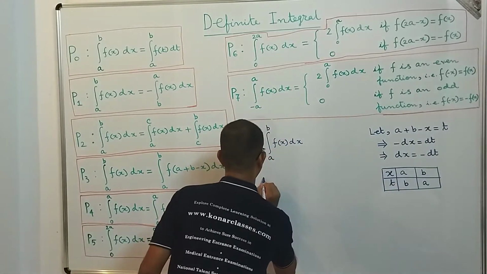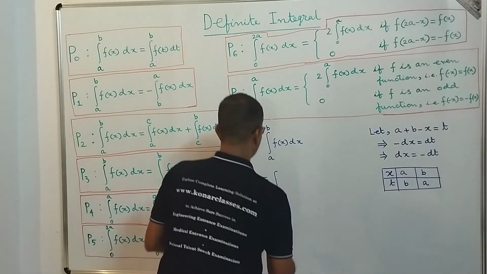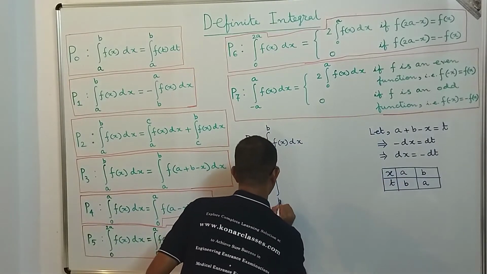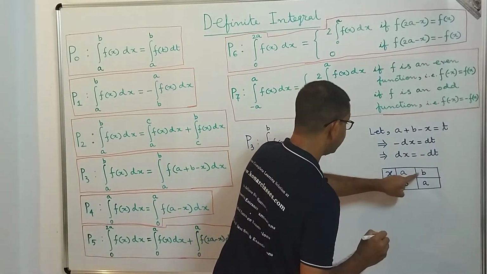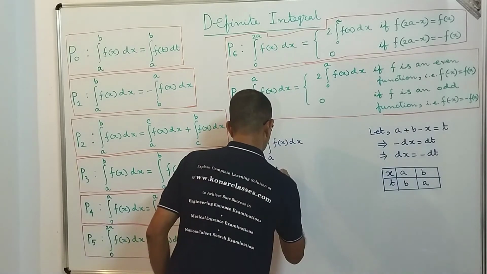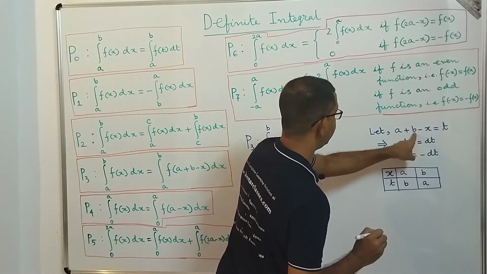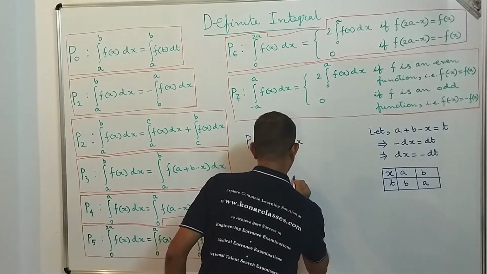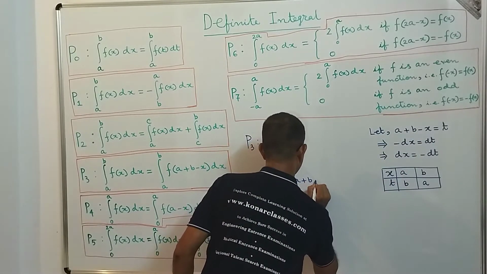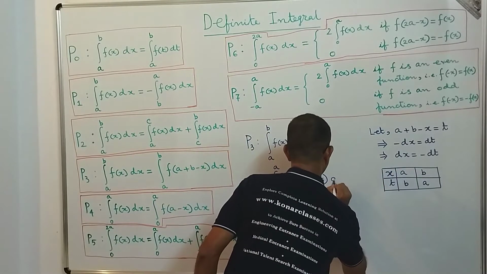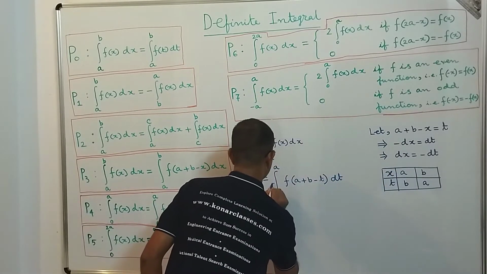So what we get here, dear students? From here we get integration, with the limit when x is a, then t is b, and when x is b, then t is a. So b to a, f of what is x? x is nothing but a + b - t. And what is dx? So you can write dt here and minus here.